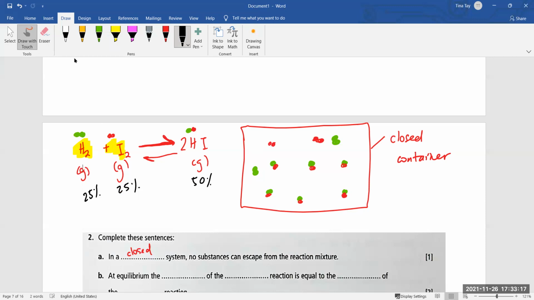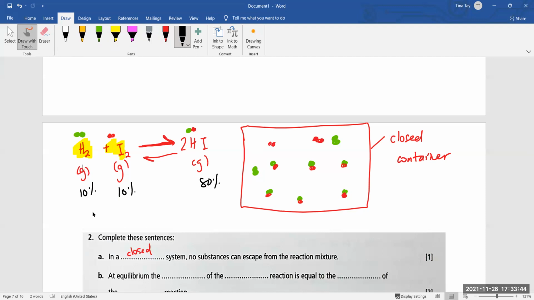It could be this, or it could be something as funny as 10% this, 10% this, and 80% this. We don't know what's the percentage. There's a way to calculate, but basically they will reach a certain percentage and then they will stay there.